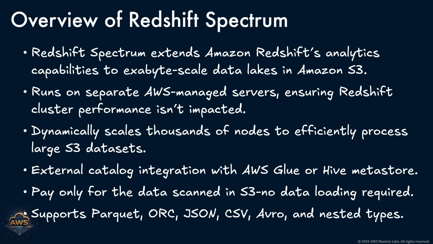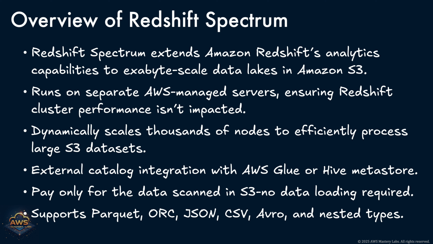When you submit a query, Spectrum automatically provisions a fleet of AWS managed servers separate from your Redshift cluster to scan, filter, and process the data in parallel. This massively parallel processing architecture allows you to efficiently analyze data at petabyte scale, dynamically scaling resources to match your workload and ensuring your Redshift cluster performance isn't impacted by external queries.